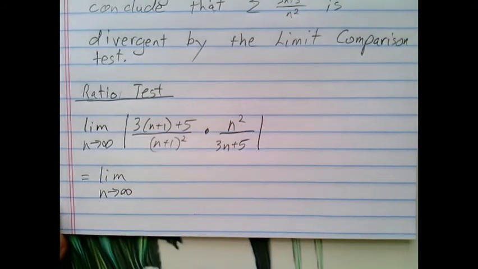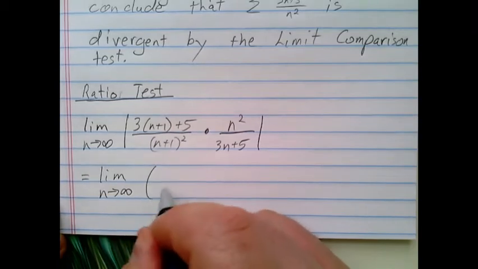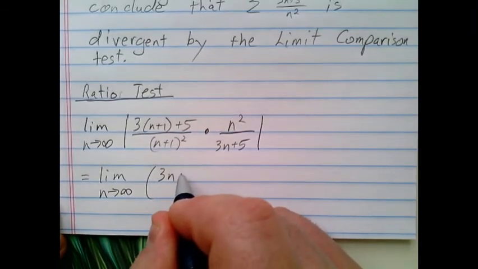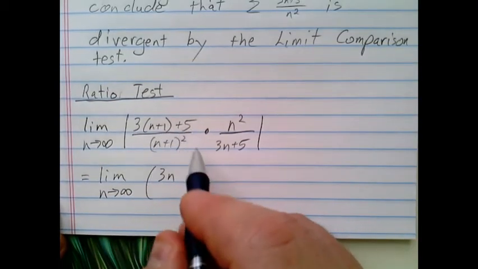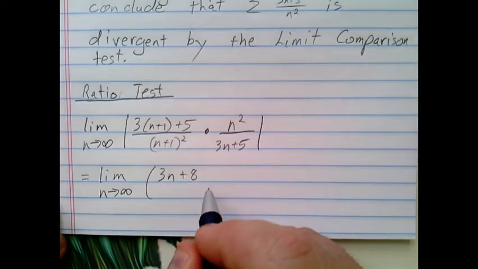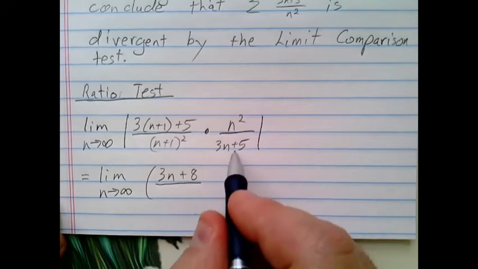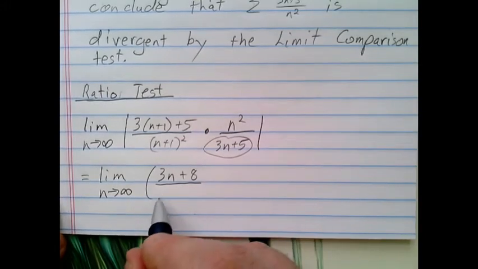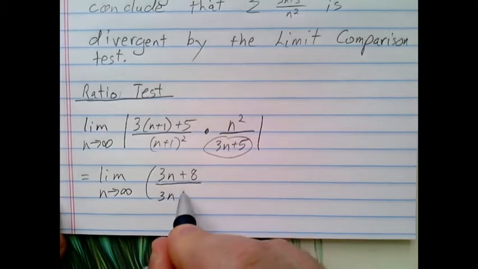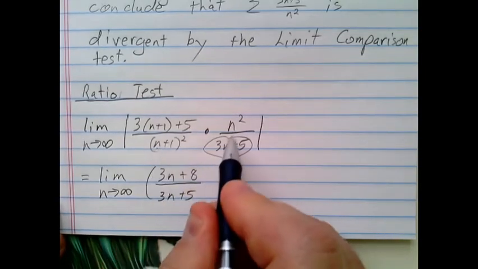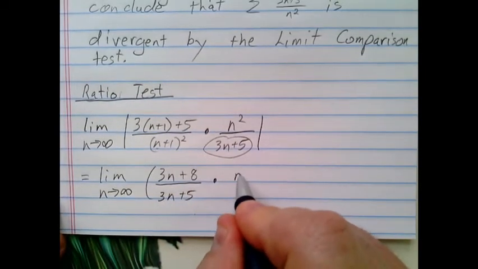So I've got a limit as n goes to infinity of 3n plus 3 and plus 5 makes plus 8. Since this has the same degree, I'm going to tuck it under there, and I'm going to put this under the n squared.